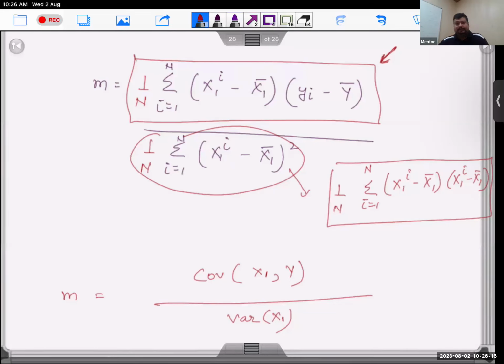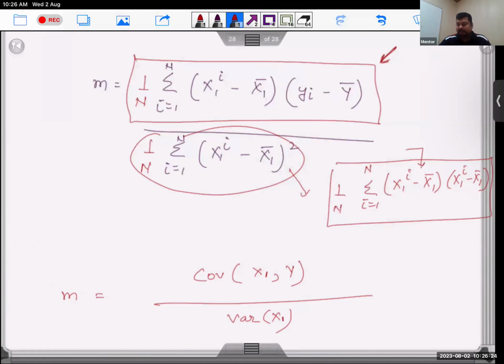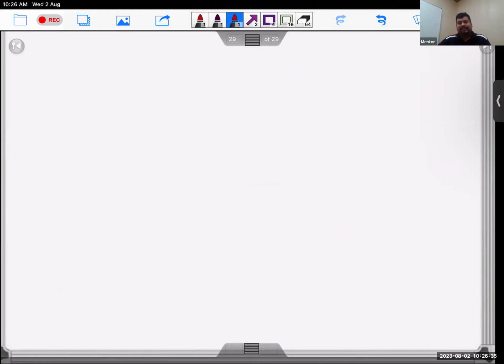Okay, so if you think about it, I'm not sure whether you know what this term does. Are you aware of what happens if I subtract the mean from every entry? We have discussed this, by the way. Let's say I give you a feature x1, with values 1, 2, and 3.